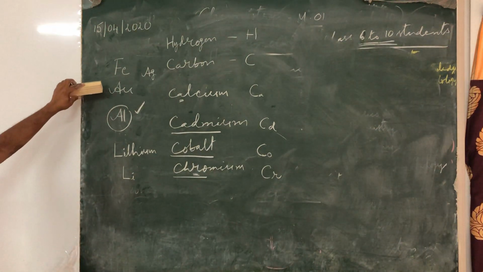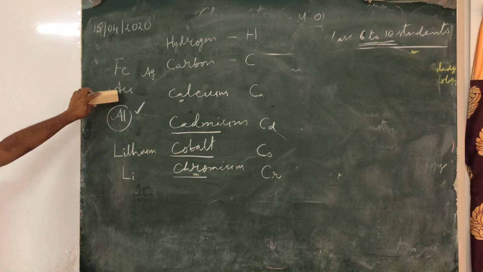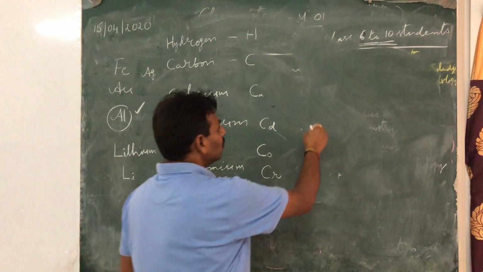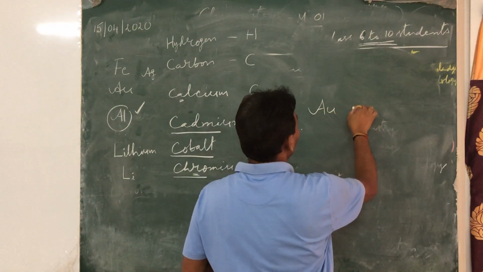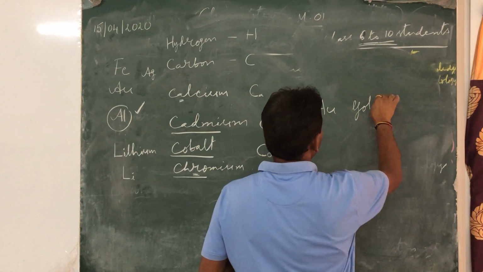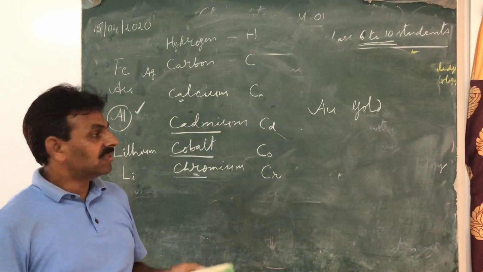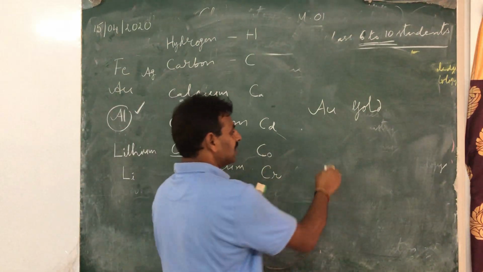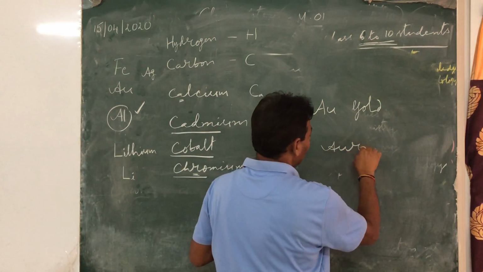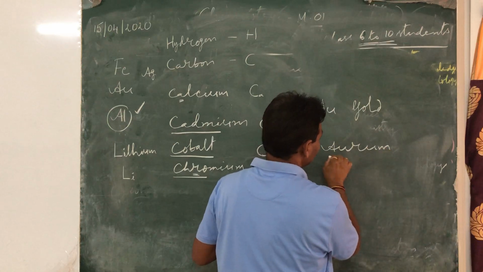Now look at this, AU. AU is named as gold. But why A and U? The Latin name of gold is actually Aurum.